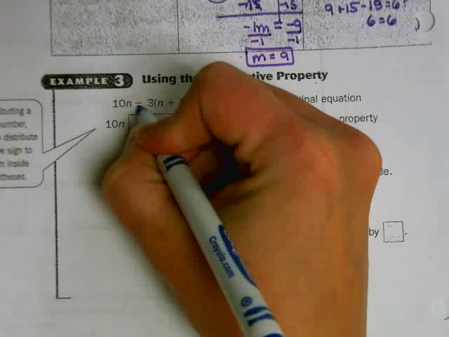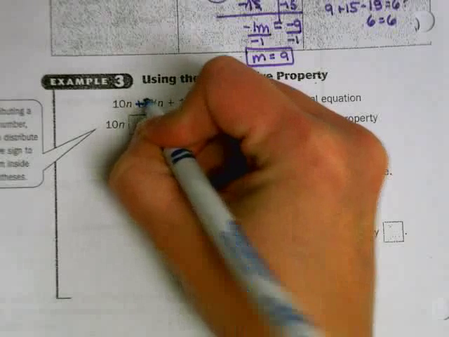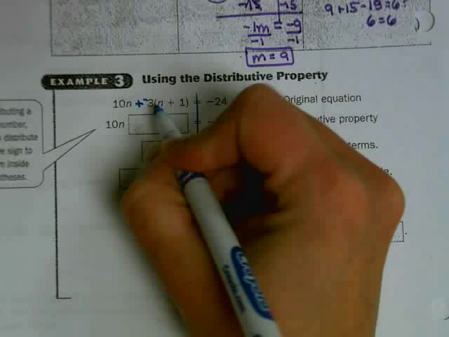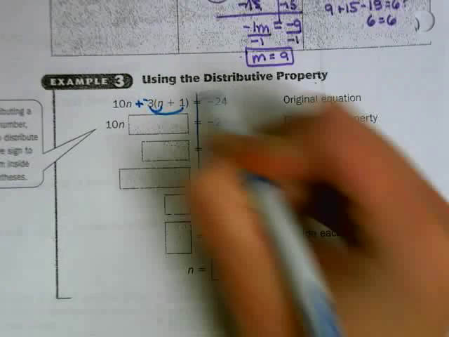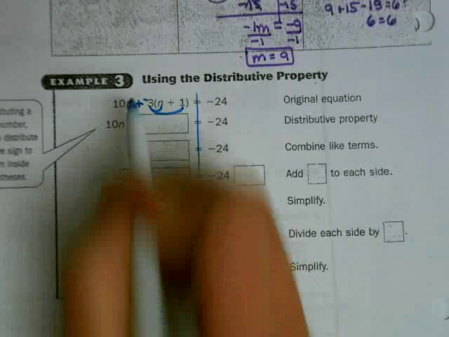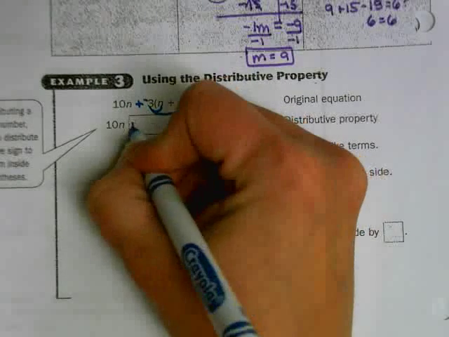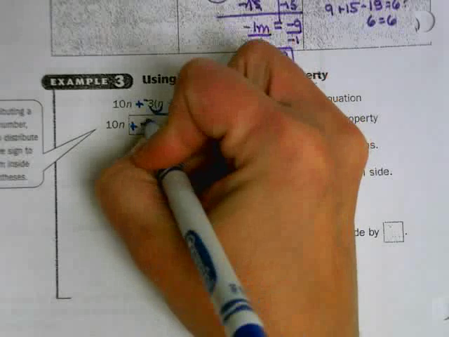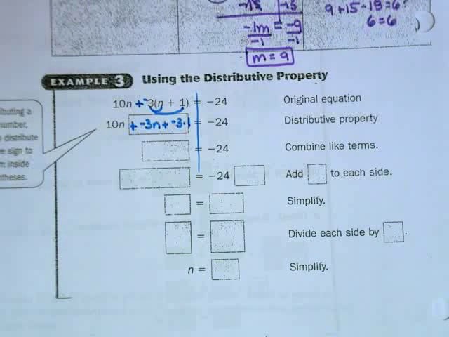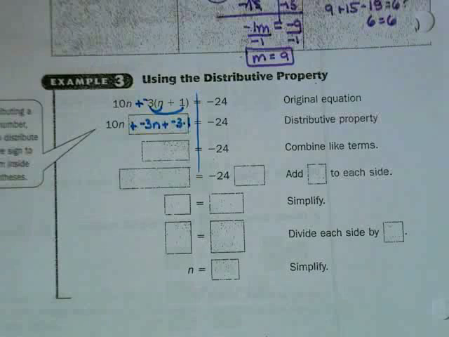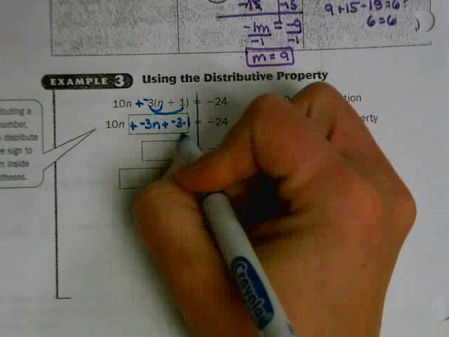So I'm going to change this minus to adding the opposite right there. And we're going to do distributive property, negative 3 times n plus negative 3 times 1. That 10n just hangs out in front right now. So I'm just going to write it out, negative 3 times n plus negative 3 times 1. That's our distributive property. And now I can simplify.